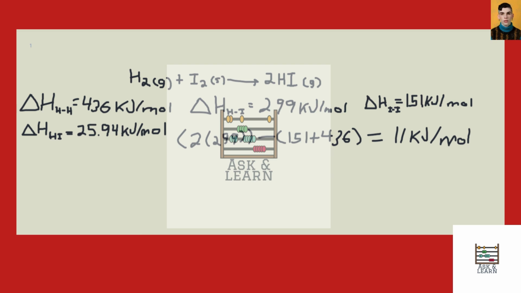Now we're going to use the enthalpy of formation to find the true reaction enthalpy. We have delta H formation for HI right here, 24.9 kilojoules per mole. Now remember, the delta H formation for an element in its standard state is always 0.